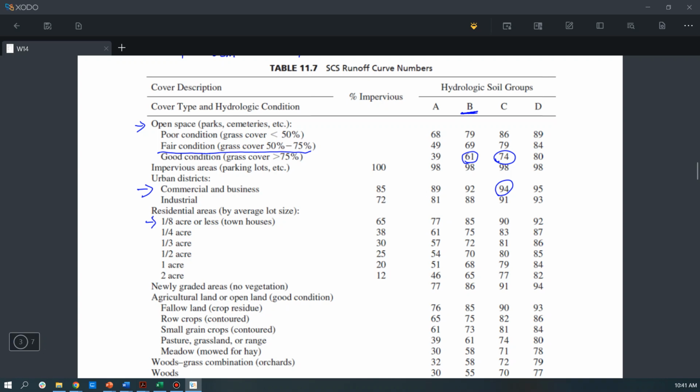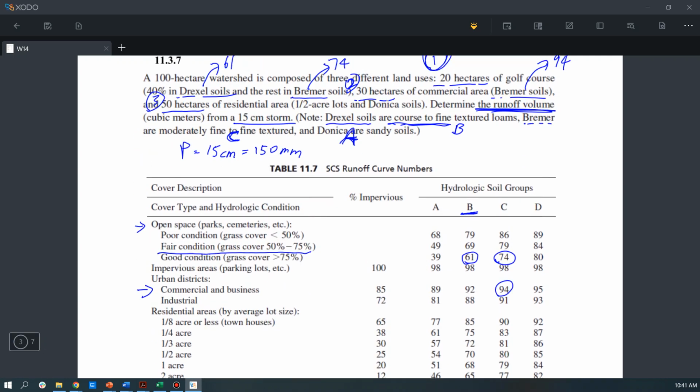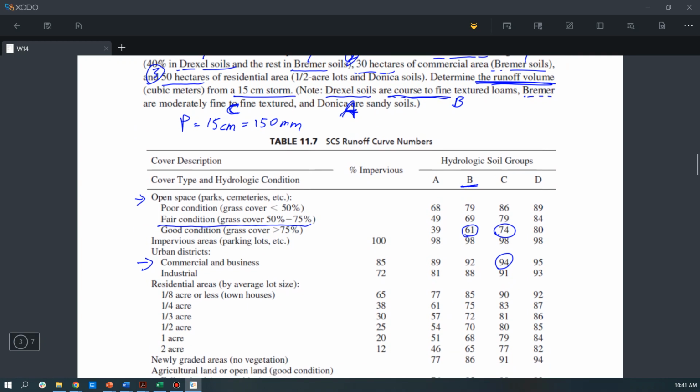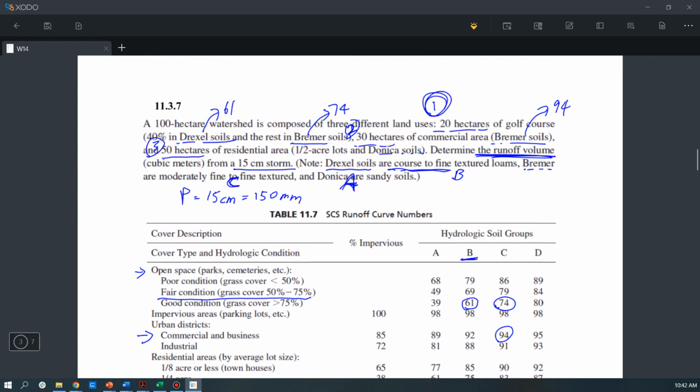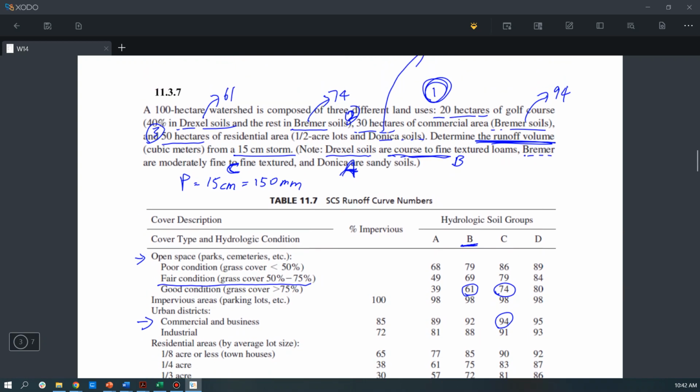What do we have here? 1.5 acre of lot and is in conductivity soil is group A, so it's 54. Okay, so we also identified this one is 54.